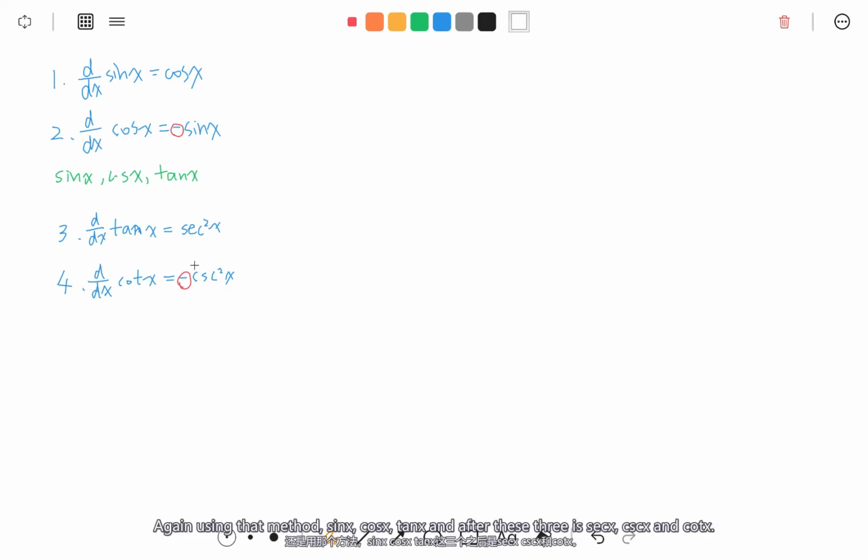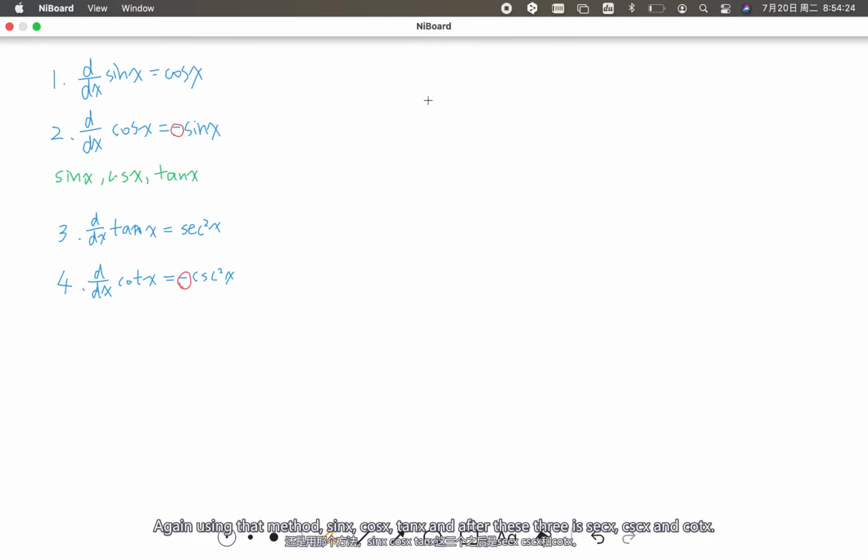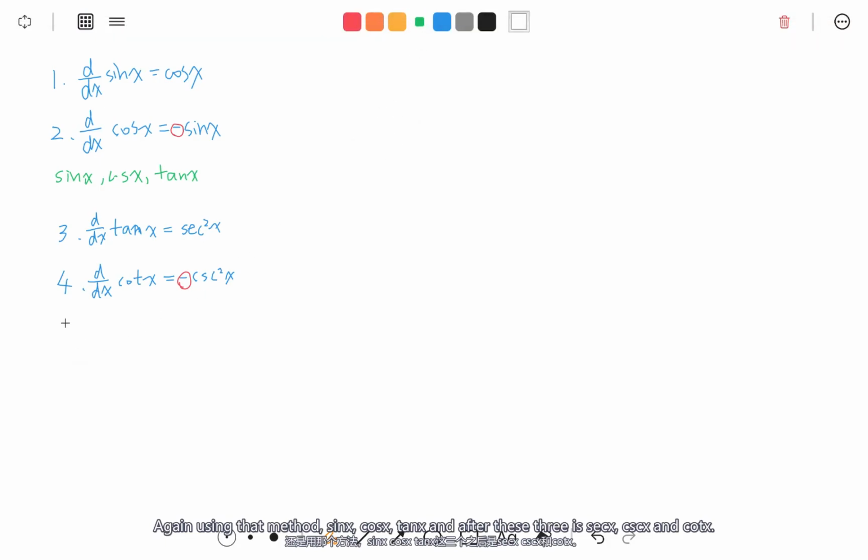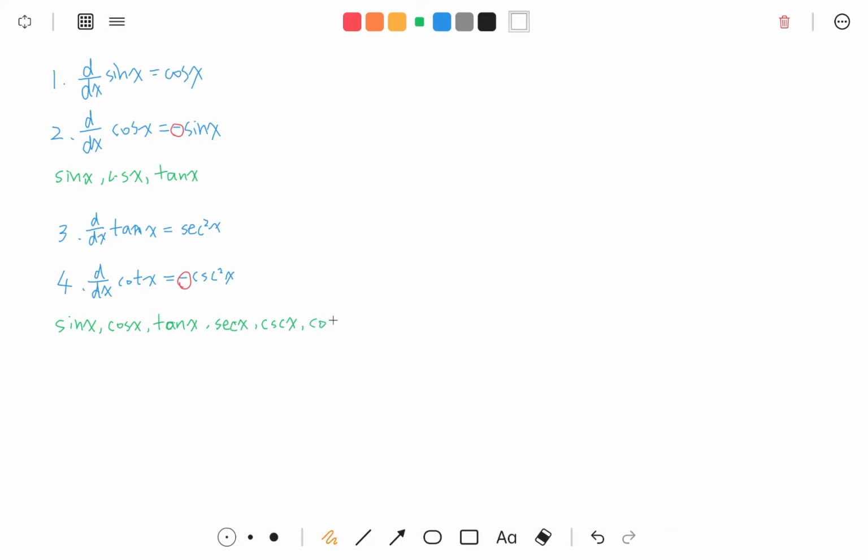Again, using that method, sine x, cosine x, tangent x, and after these three is secant x, cosecant x, and then cotangent x.